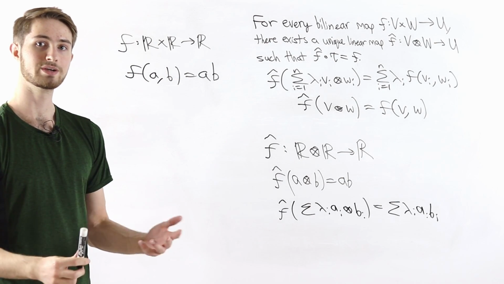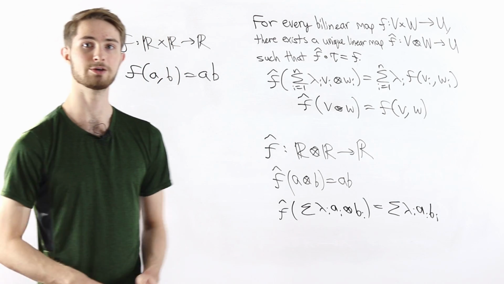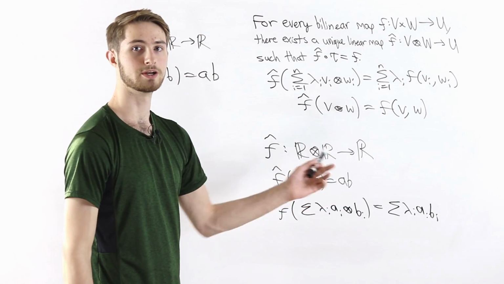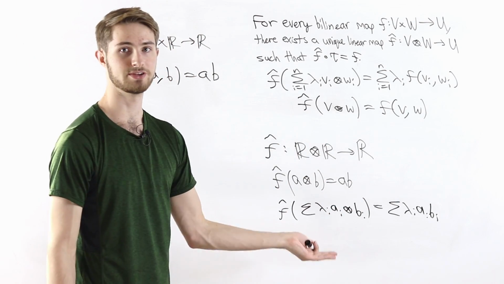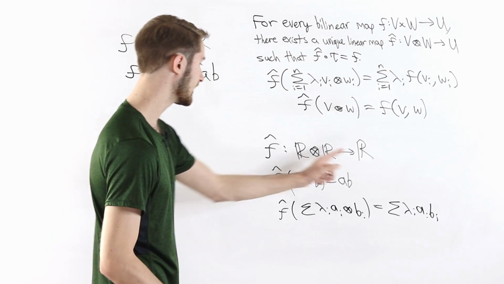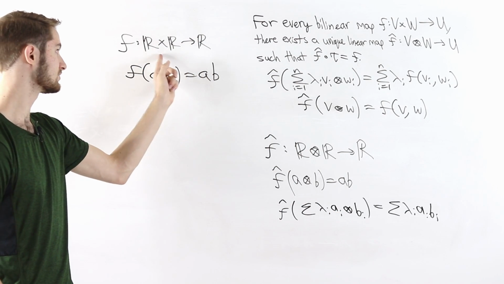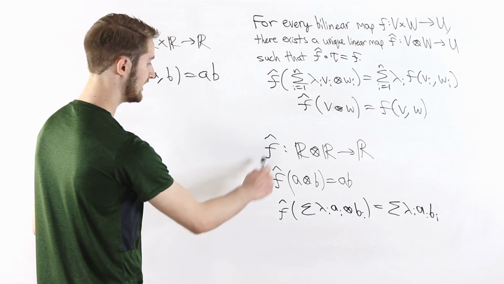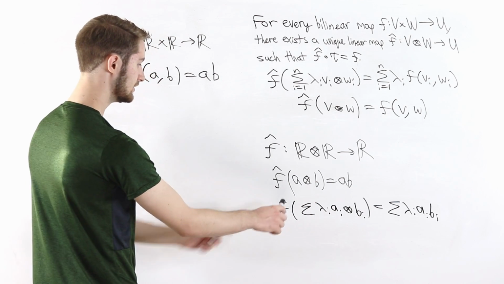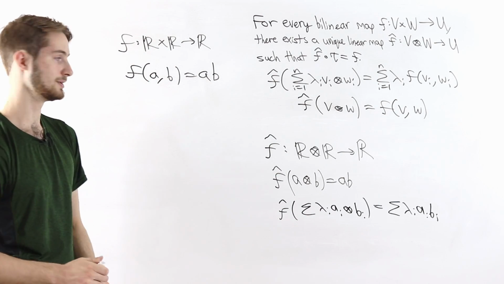So in fact, this function down here is exactly the function that we get from this f using the universal property. So again, let's review that process. I started out by saying I want a linear map on the tensor product, and I want a linear map that looks like this. But it's hard to prove that an arbitrary map on the tensor product is a well-defined function. So instead, I look at what I want my function to give me and use that to construct a map on R cross R. I take what I want f hat of a tensor b to equal, and I define that to be f of a comma b.